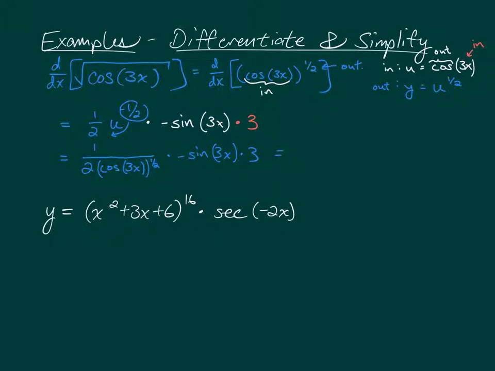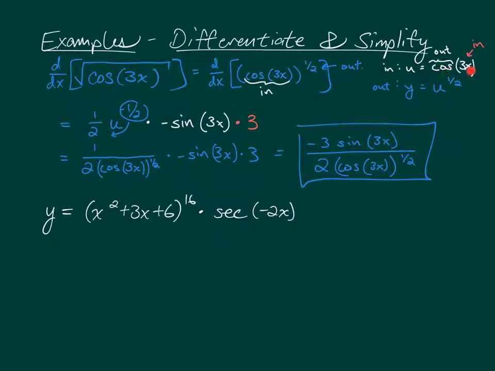And so to write that more simply, I can write negative 3 sine 3x all over 2 cosine of 3x all raised to the 1/2 power. So you can see we had to think of another outside-inside situation over here while we were trying to think of an outside-inside situation. So the idea here is just to practice, and make sure you understand what's going on with these double chain rules.